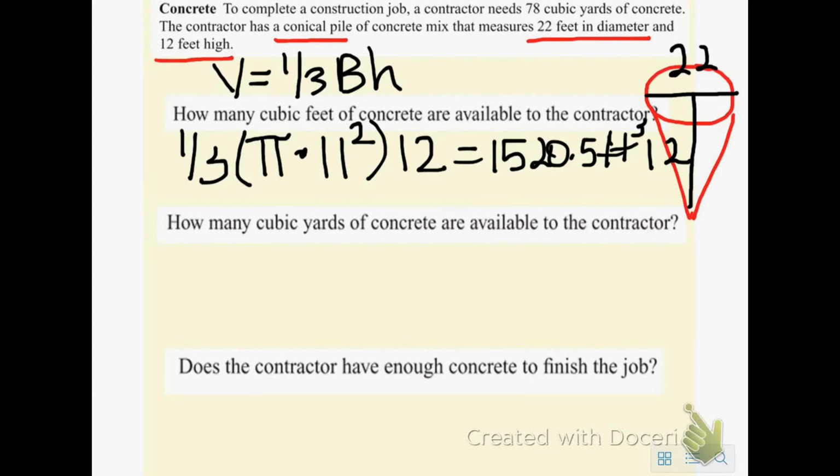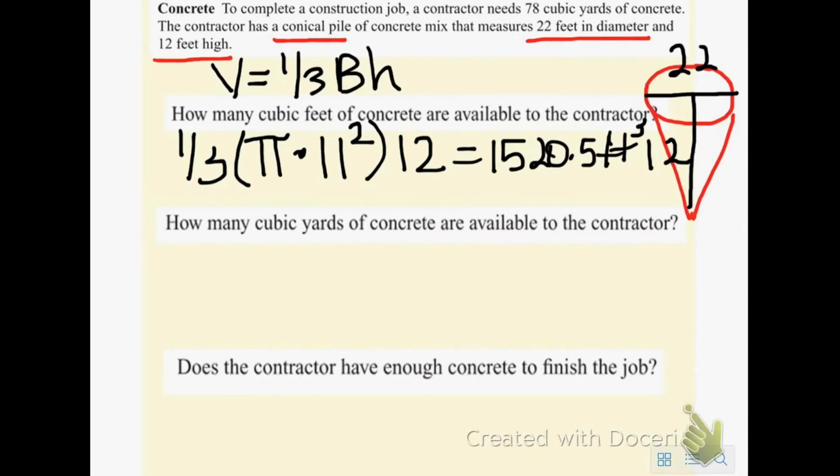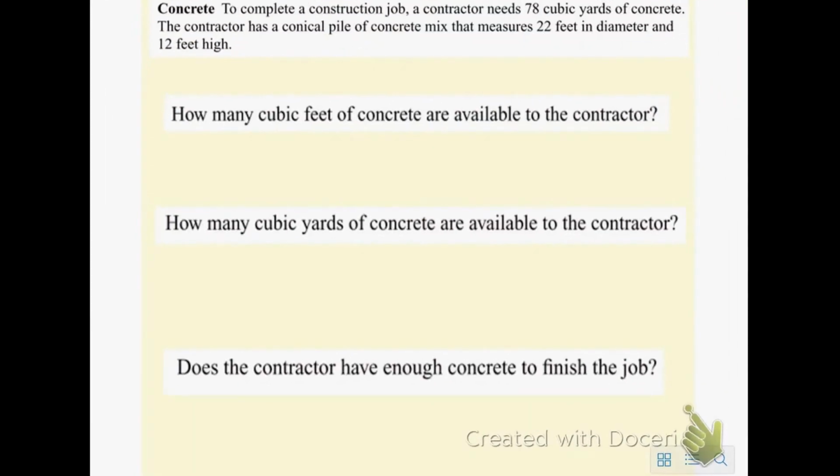Okay? Now notice that they told us that he needs 78 cubic yards. So in order to see if we have enough, we need to change the feet to yards. So again, I've got my conical pile.